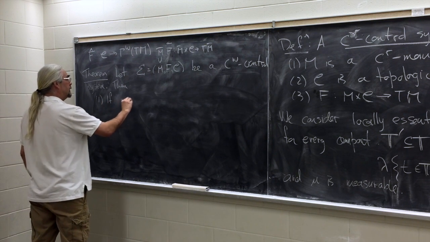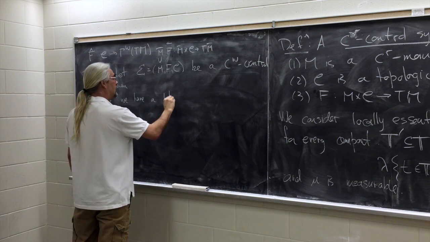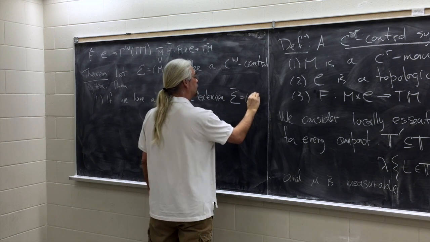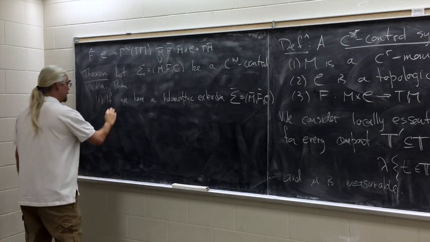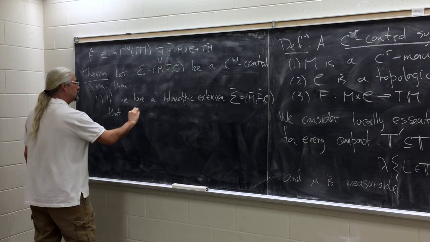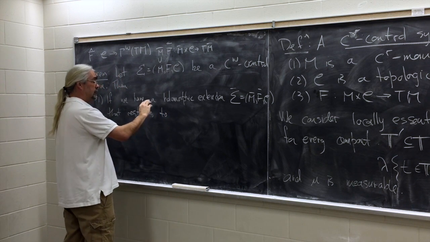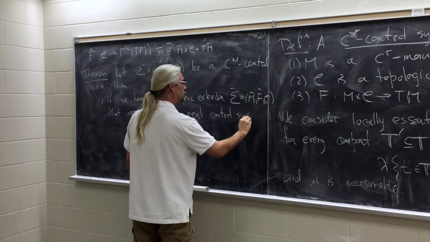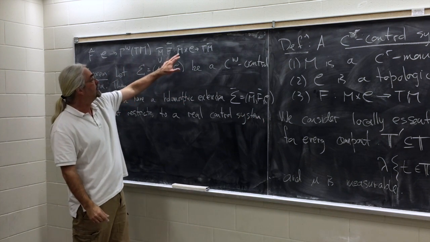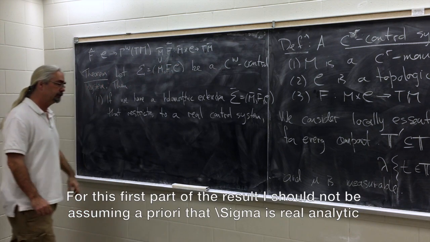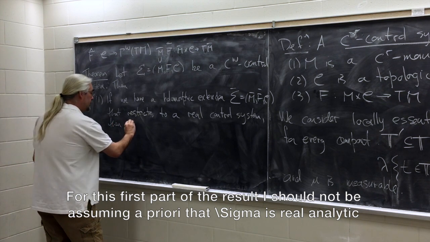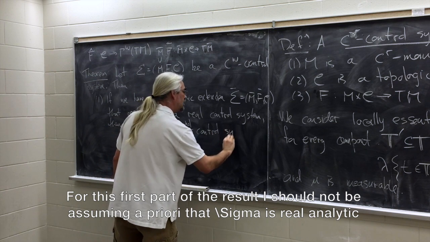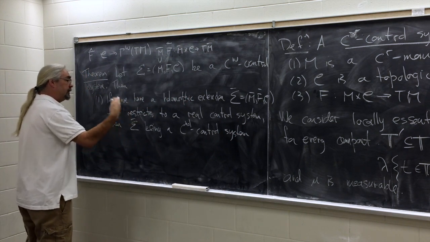So if we have a holomorphic control system, let me call it sigma bar equals M bar, F bar, C, that restricts to a real control system, in exactly the sense that I said, that if you put real x's in here you get real tangent vectors, then sigma bar being a C-Hol control system implies that sigma is a C omega control system.